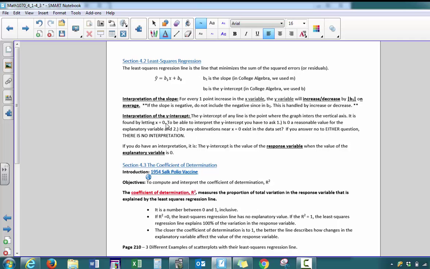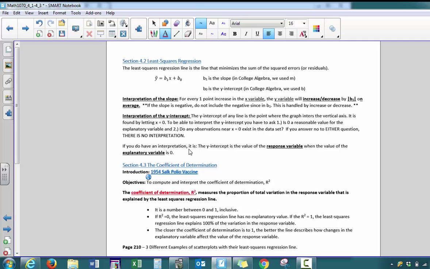So if x equals 0 is not reasonable, then there is no interpretation. Our second question: are any observations in our data set near x equals 0? Because once again, the way you find your y-intercept is you set x equal to 0. If you answer no to either of these questions, then that means there is no interpretation.